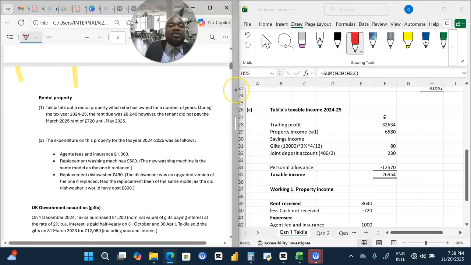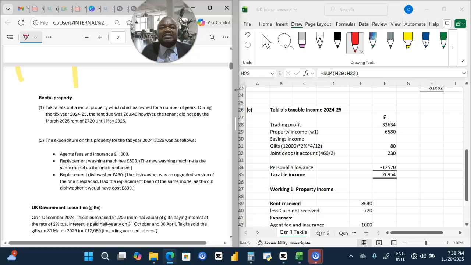So carrying on from where we left, we were at a rental property. Tequila lets out a rental property which she has owned for a number of years. During the tax year 2024-2025, the rent due was 8,640.